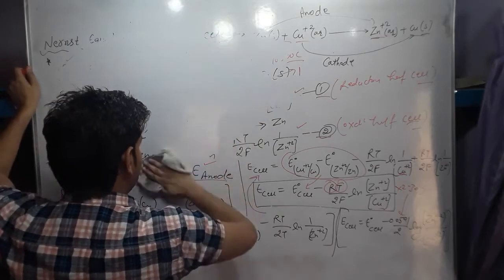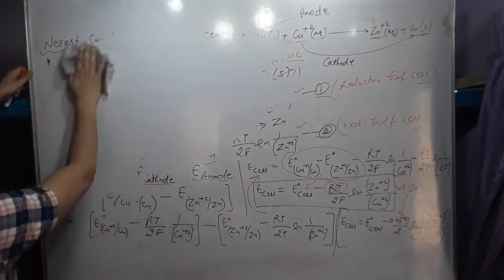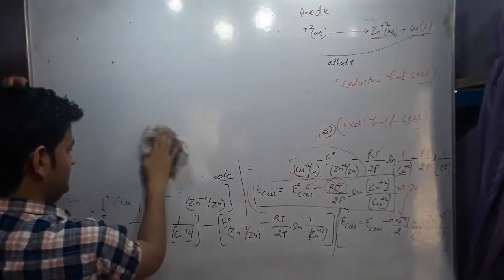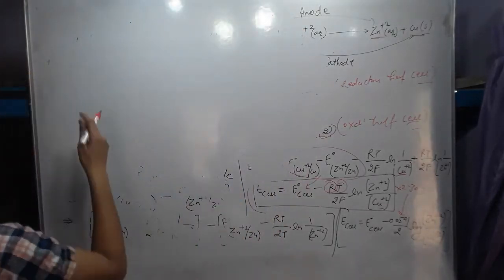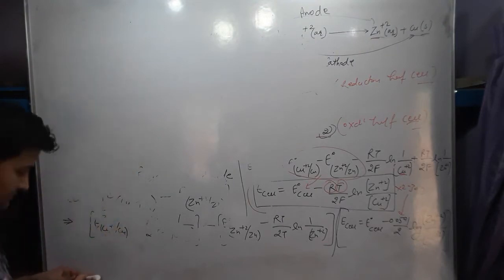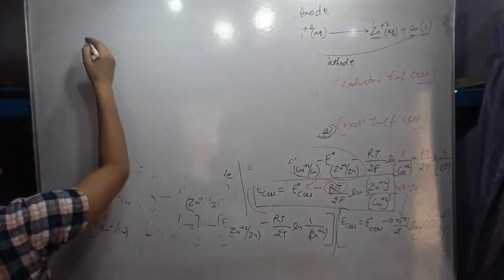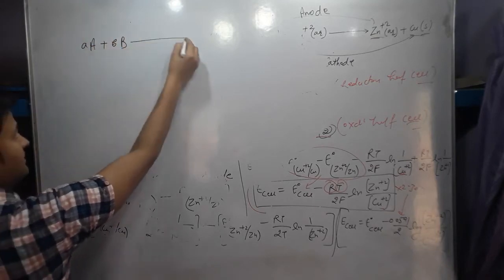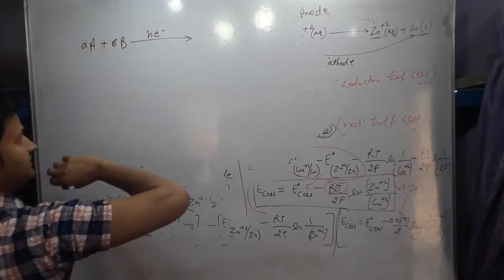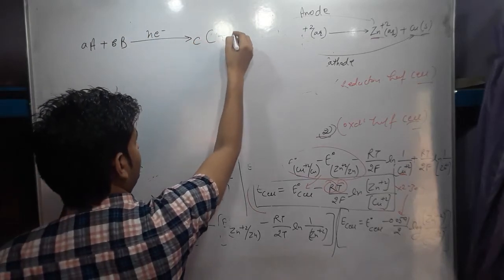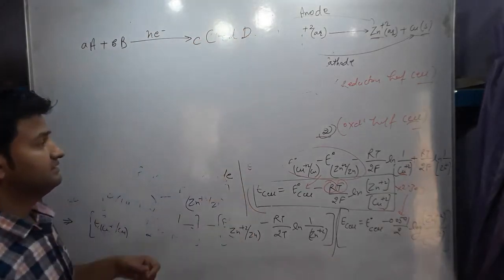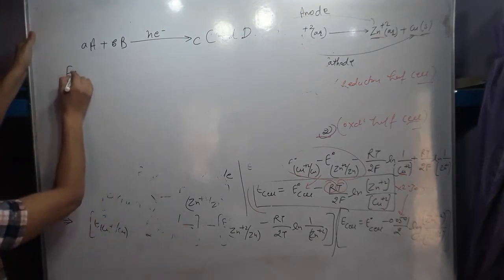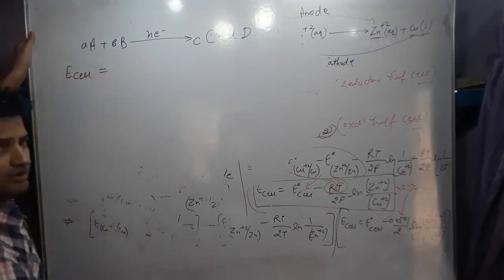Now we consider a general equation and try to write the Nernst equation for it. Let us consider a general equation: small a A plus small b B gives small c C plus small d D. If n electrons are involved in this reaction, this is the electrochemical cell. Then we have to write the EMF for this cell.